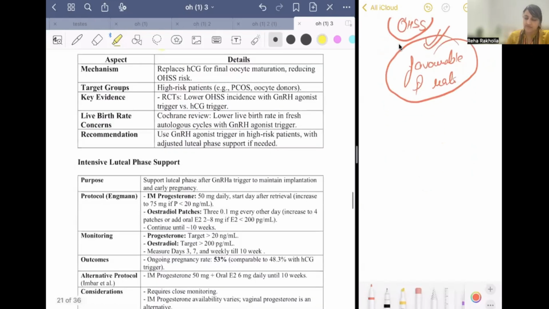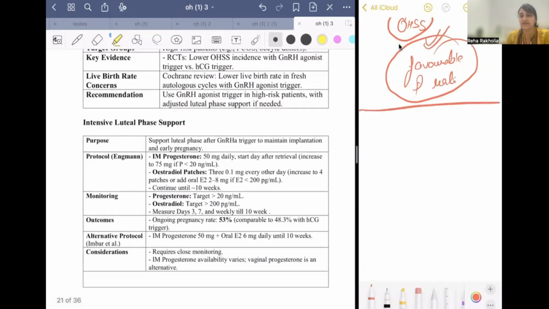Now we have diverted from the topic. Now we'll be talking about what we do when we use GnRH agonist trigger. Slightly we are diverting from the topic.